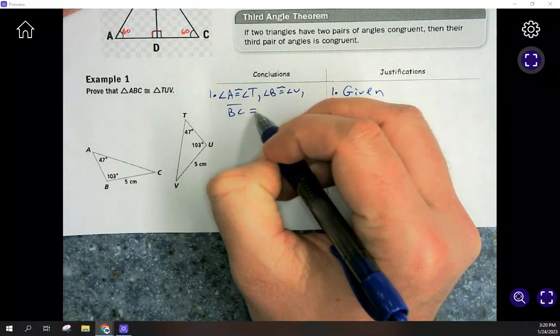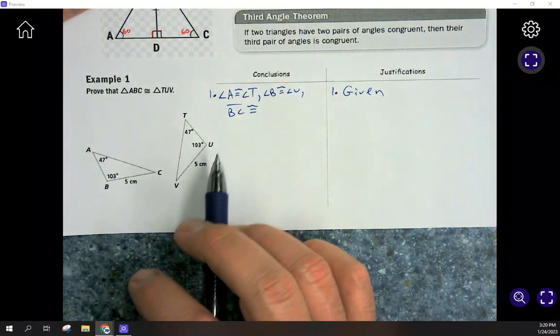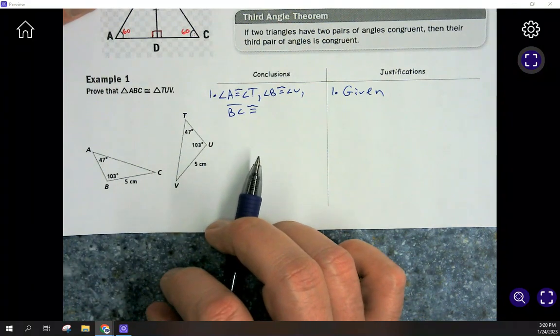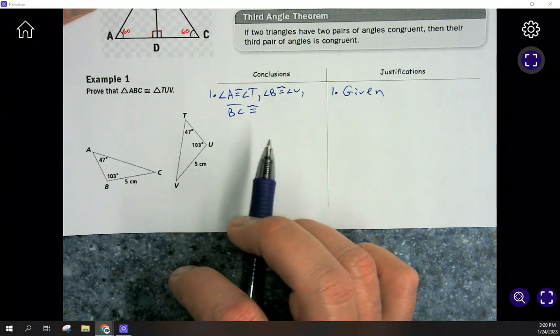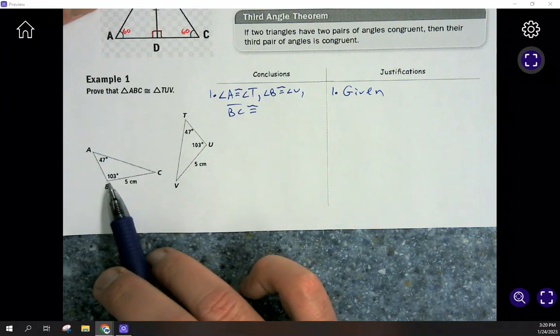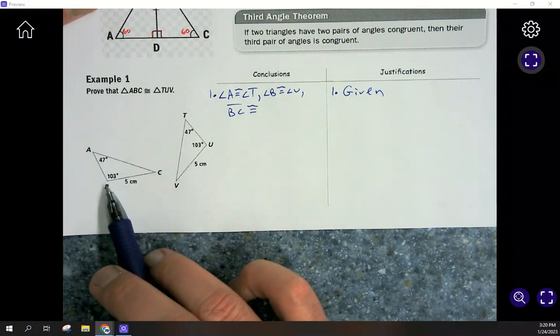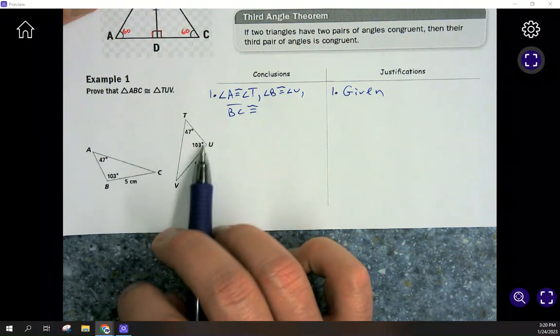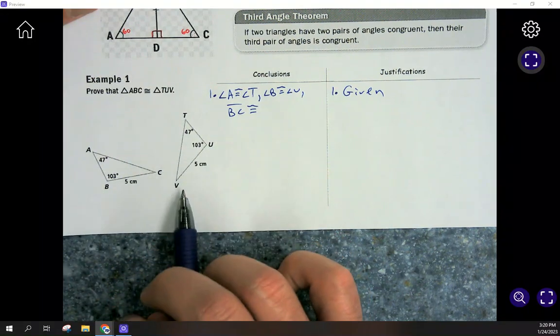BC is congruent to... And when you're naming a segment by itself, it's not as important to get everything matching. But if you notice, if I'm calling this BC, I was going from the 103 away from it. So really, I should match this one up the same, the corresponding pieces.